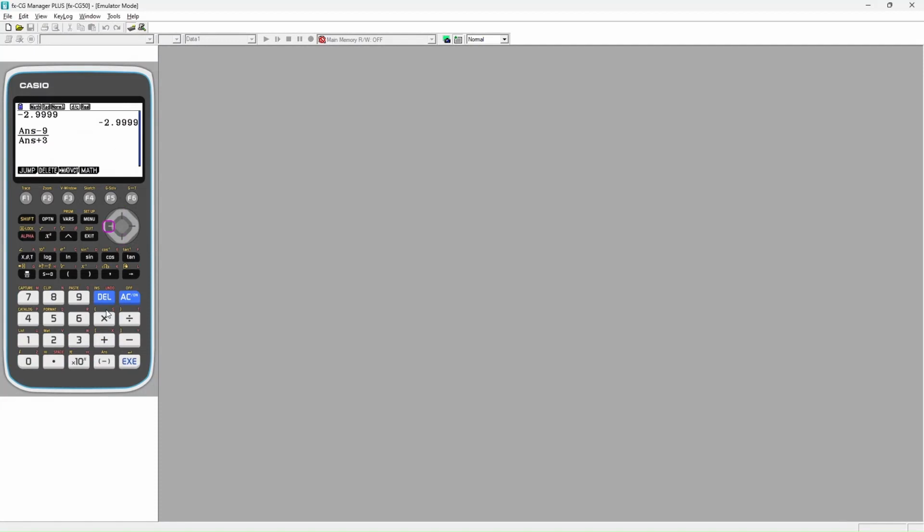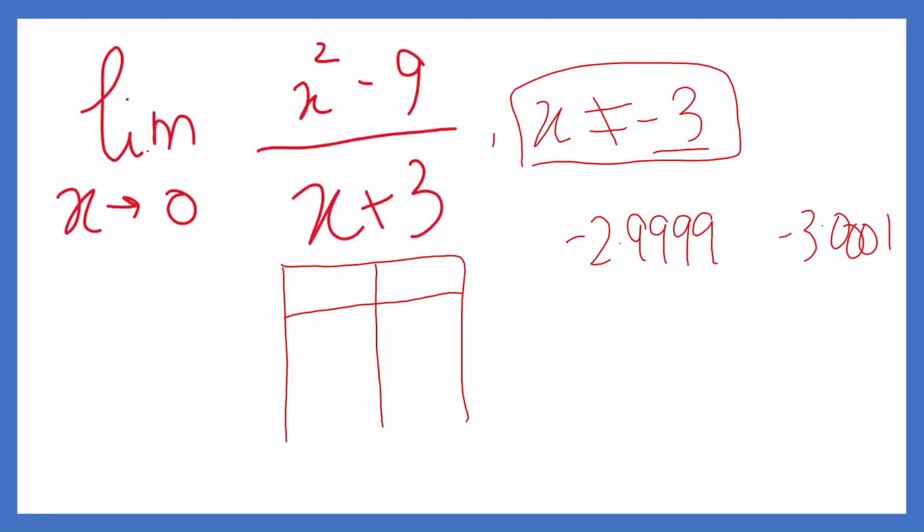And I know I missed that square over here, so I'll just put that there. What do I see over here? Minus 5.999. Now, over here on top, I'm going to do the exact same thing, but with minus 3.0001, minus 6.001. So, essentially, it is nearing minus 6.